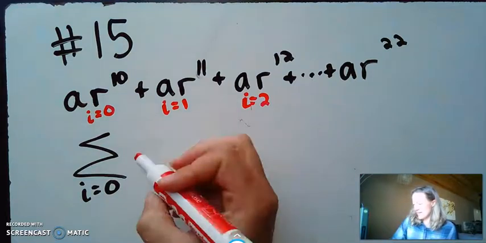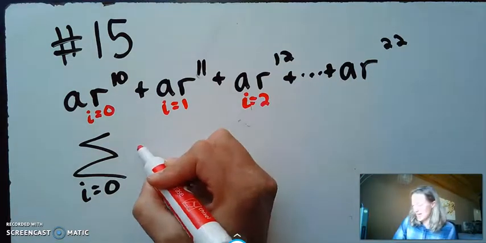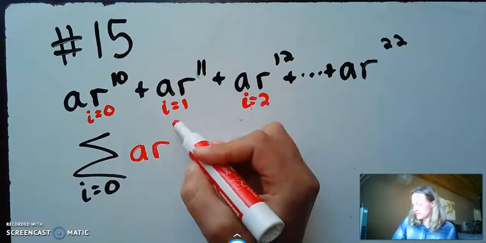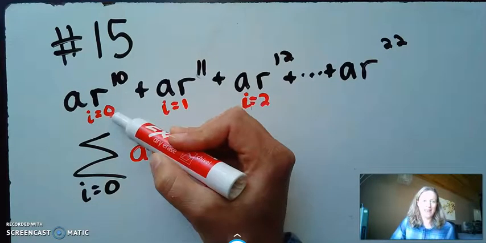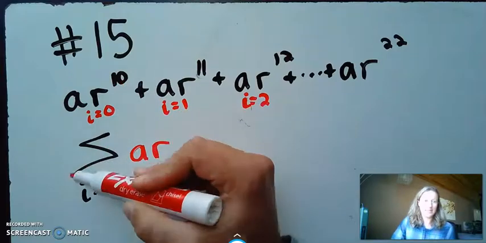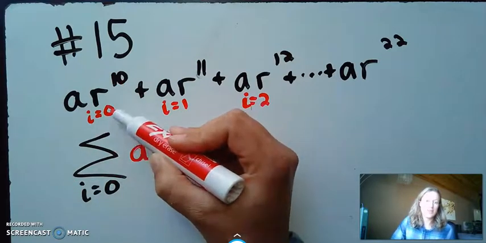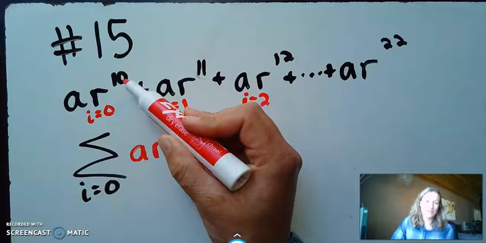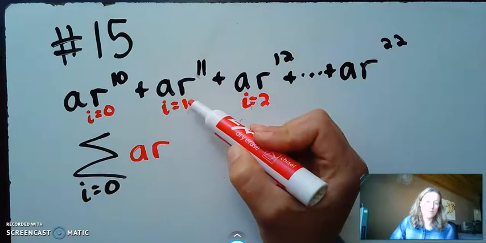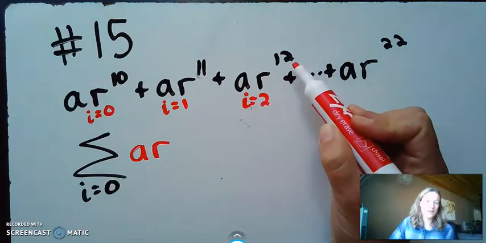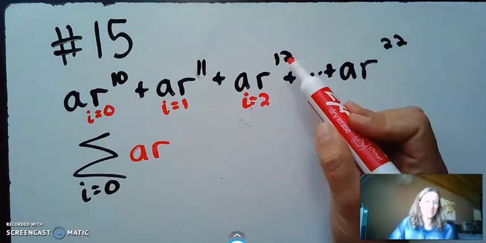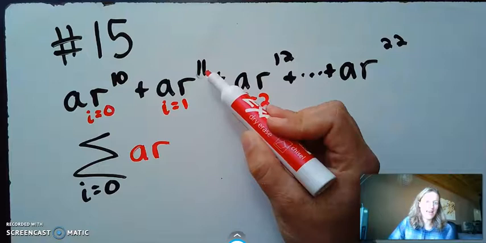So definitely, as far as the formula goes, there's always an a, there's always an r, and there's always some exponent. The exponent needs to be related to the i, because that's the thing that changes. So we need to make 0 go to 10. And when i is 1, the exponent needs to be 11. And when i is 2, the exponent needs to be 12.